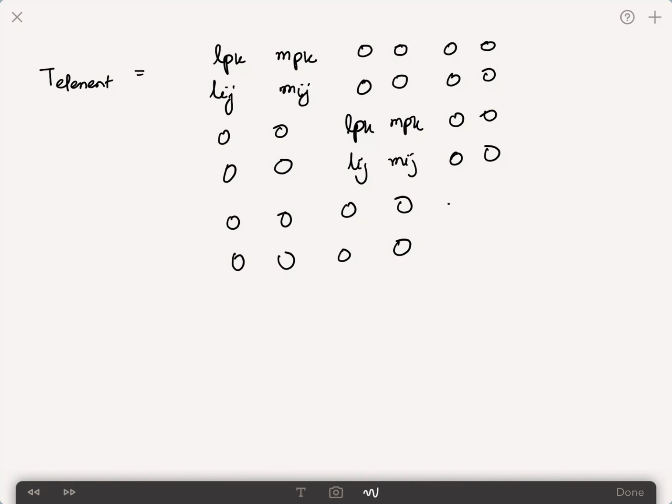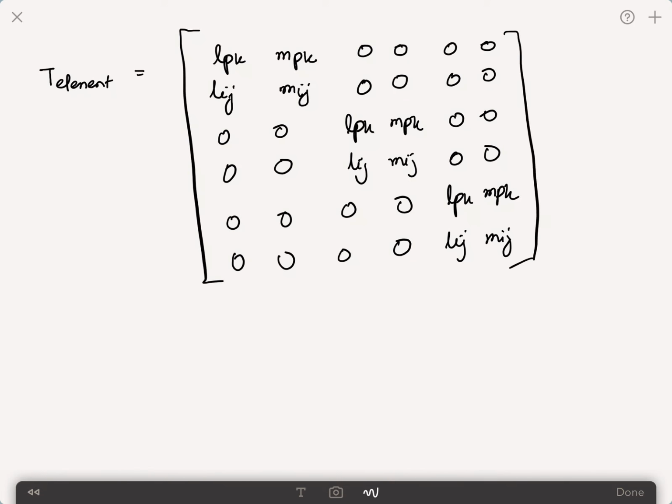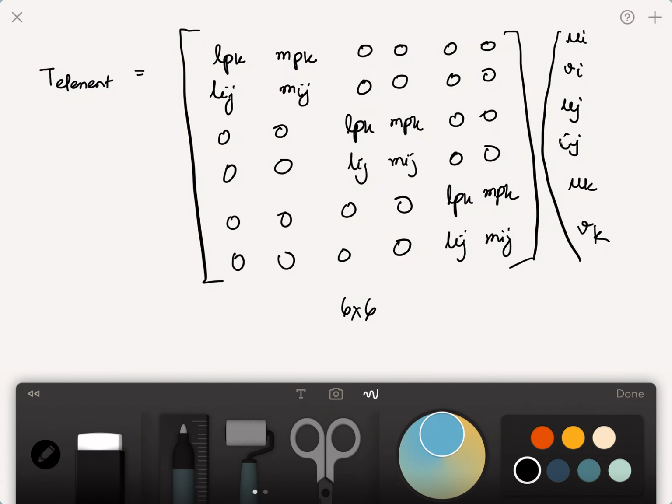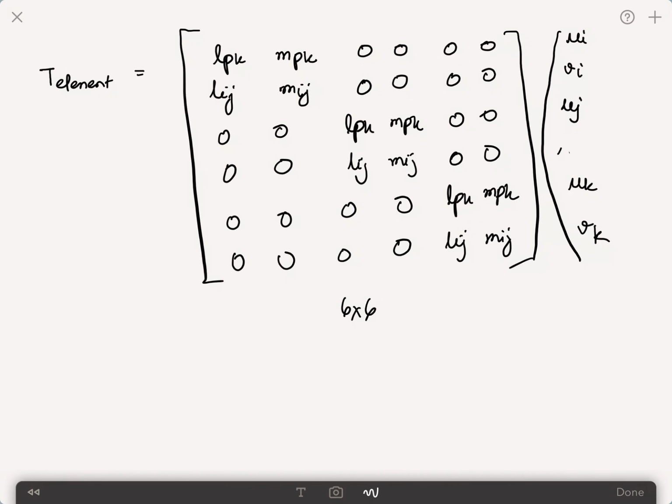In the last one you have LPK MPK LIJ MIJ, and this becomes your full-blown element transformation matrix, which is 6 by 6. And of course this has to be multiplied with your local displacement, for example, which gives UI, VI, UJ, VJ, UK, VK. So this is now my final transformation matrix for going from local to global.